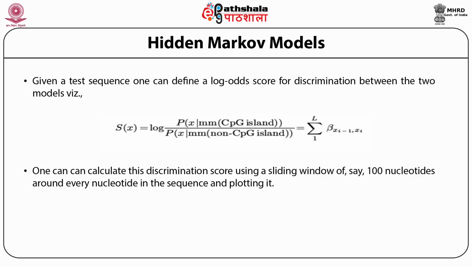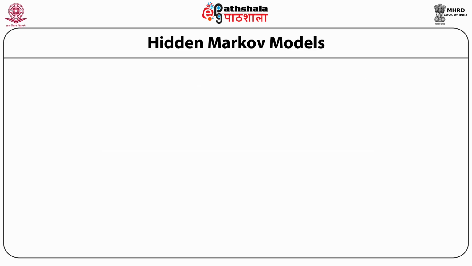This does not allow you to identify the boundaries, and most of the time that is very important. So what do we do? One approach is to build a single Markov model for the entire sequence, which contains both Markov chains, one for CpG and one for non-CpG. Given two Markov chains, one for CpG islands and one for non-CpG islands, I can define this discrimination score, which is a log-odds score.